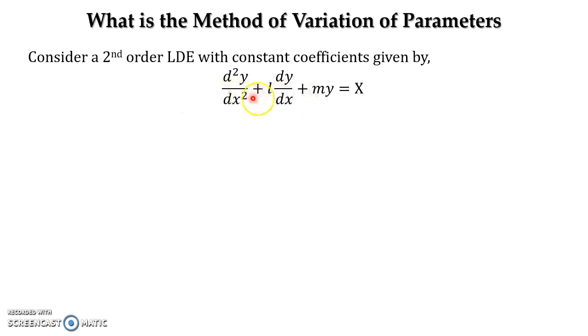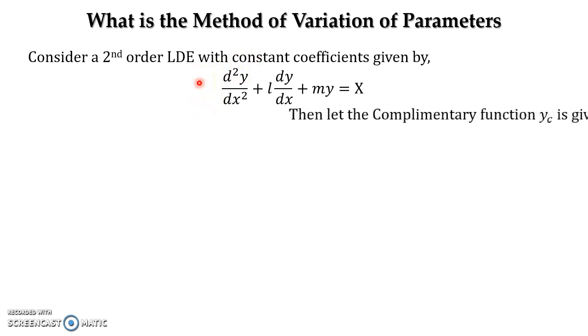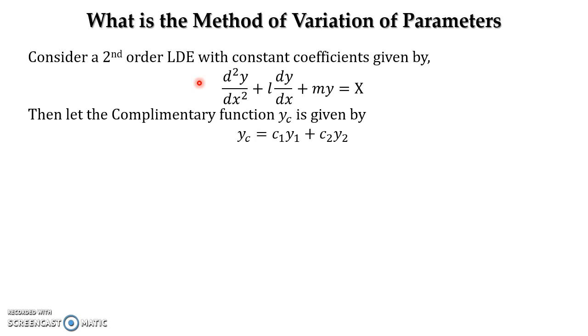You can see this is the LD with constant coefficients. So as usual, we will solve this given differential equation for finding the complementary function, and we can write that complementary function in a special form, that is c1 times some function y1 plus c2 times some function y2.